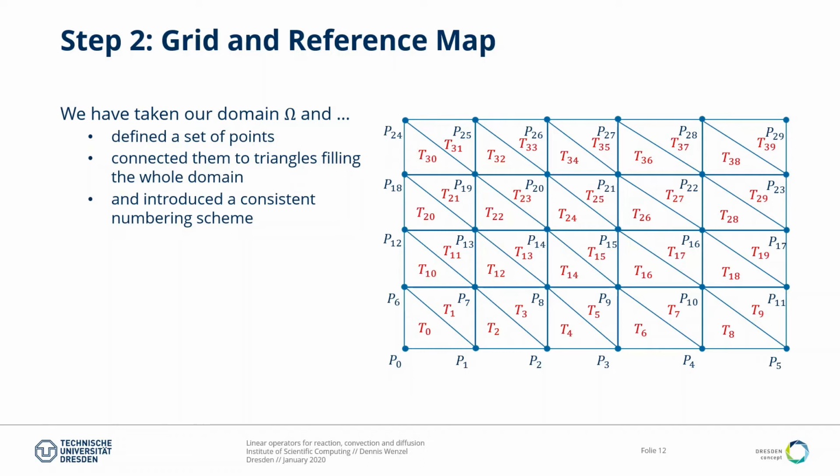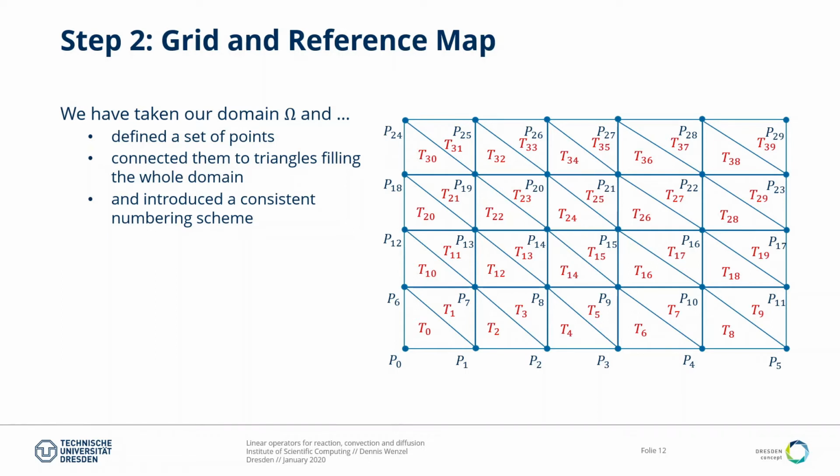For example, our numbering scheme of the points follows a certain order: firstly in the direction of x, then in the direction of y. For the triangle numbering, we say that one even and one uneven number belong to the same square, so that we might later on use this information. And what's also important is a numbering scheme inside of the cell.